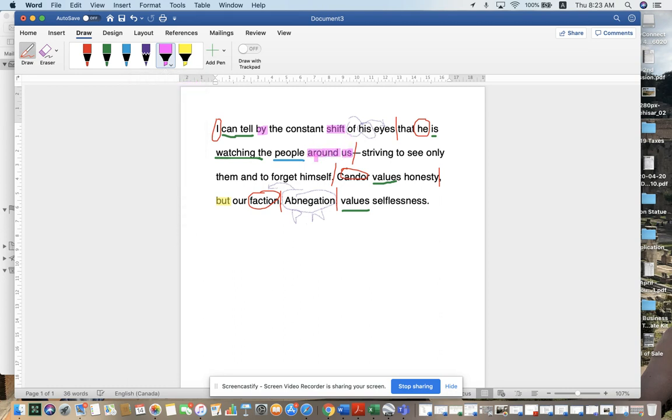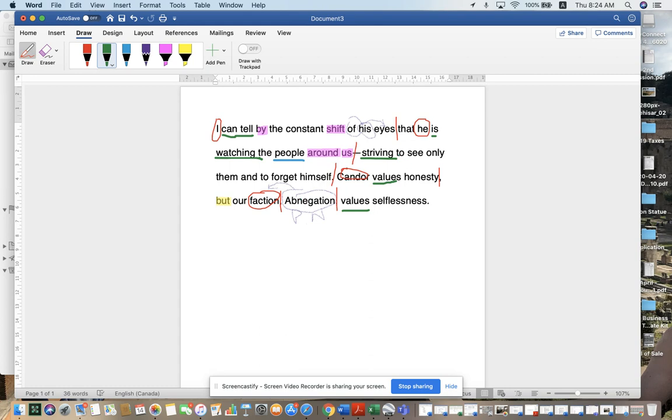Object of the preposition, and around is a preposition. Now we can understand a little bit this weird verb, participle: striving belongs to the subject he. So he's watching the people around us. He is striving to see only them and to forget himself.